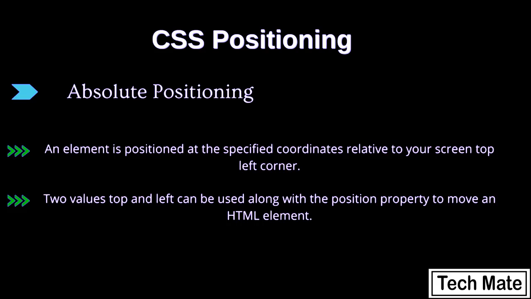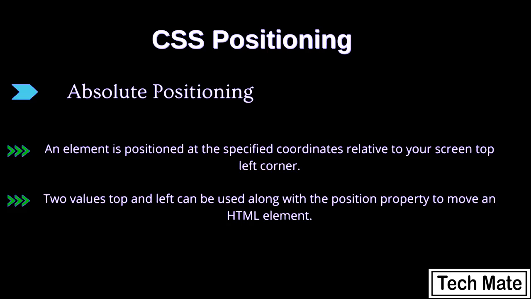On the basis of the coordinates you pass, the particular element will be positioned at that location. The element is positioned at the specific coordinates relative to your screen's top left corner, right? So the top left corner will be taken for the coordinates.